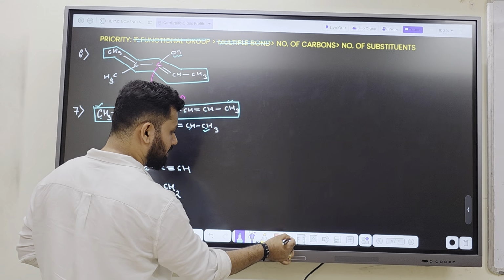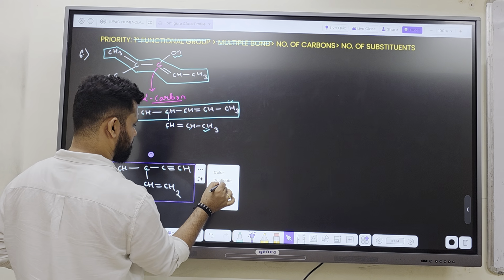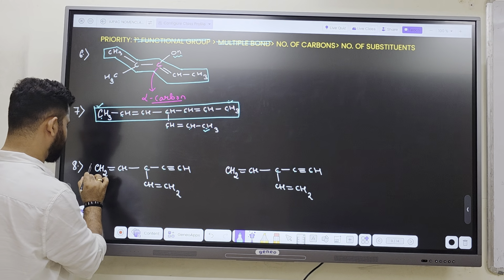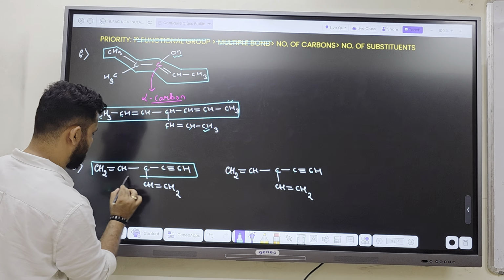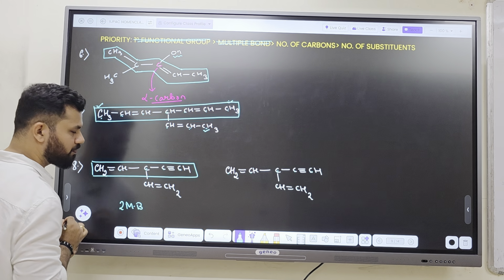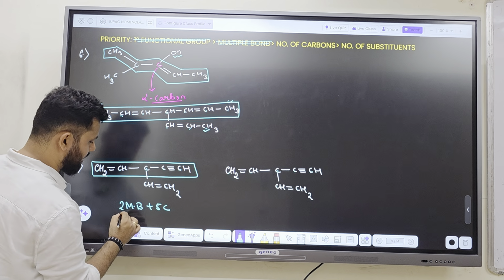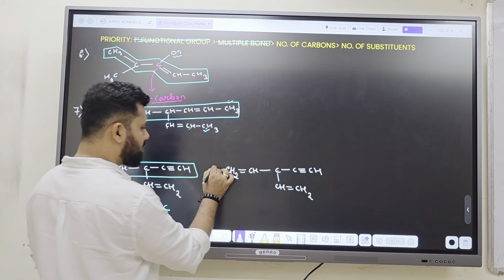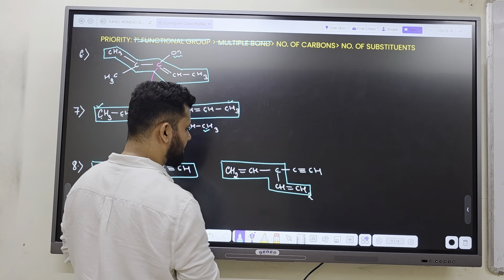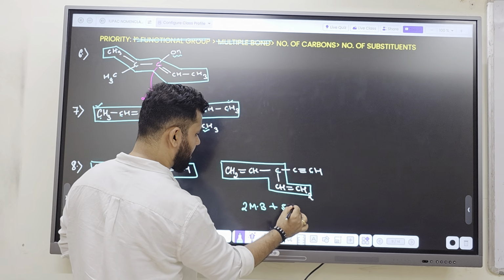So over here, I could have selected the parent carbon chain this way, such that I have two multiple bonds. The number of carbons are 5. Or I could have selected the parent carbon chain this way, such that again I have two multiple bonds and 5 carbons.